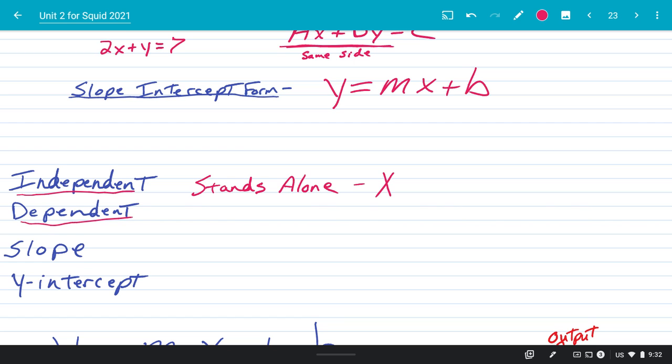And then the dependent variable is the y. But the dependent variable always is determined by the x.